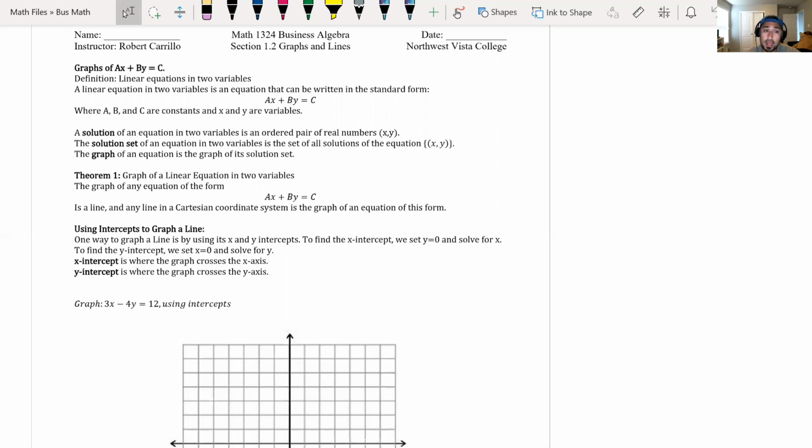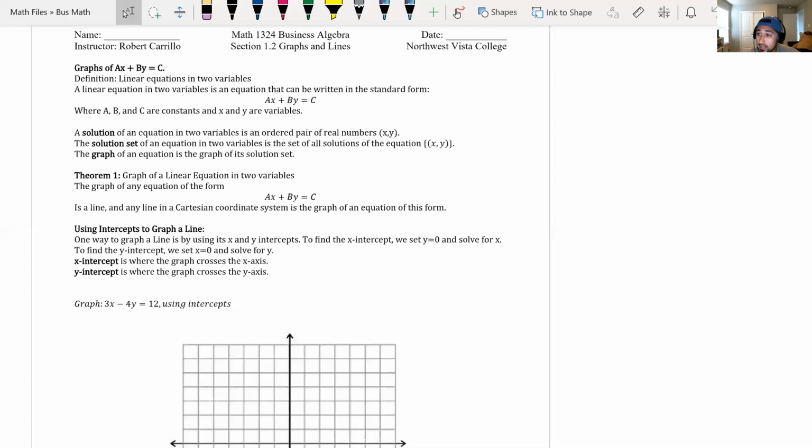Theorem 1, the graph of a linear equation in two variables: the graph of any equation of the form Ax plus By equal to C is a line. And any line in a Cartesian coordinate system is the graph of an equation of this form. Okay, so linear equations are the graphs of lines. It makes sense. Linear, line, right?